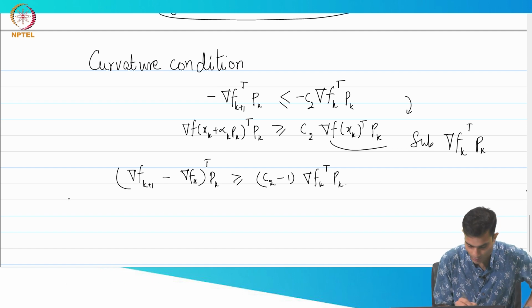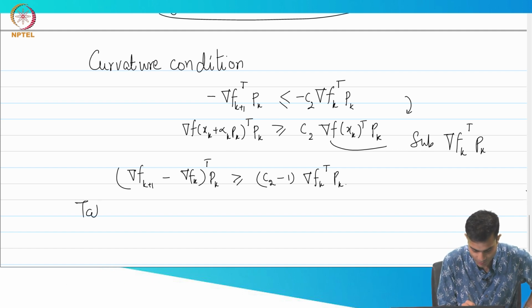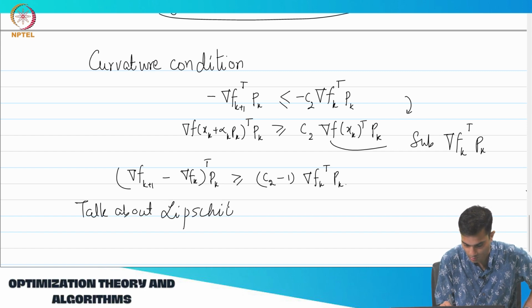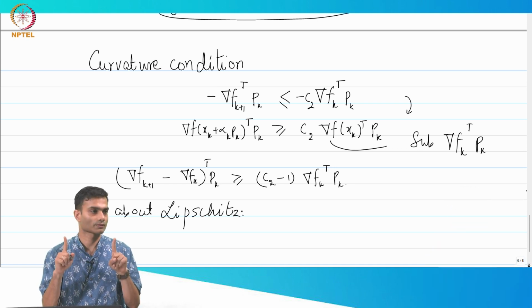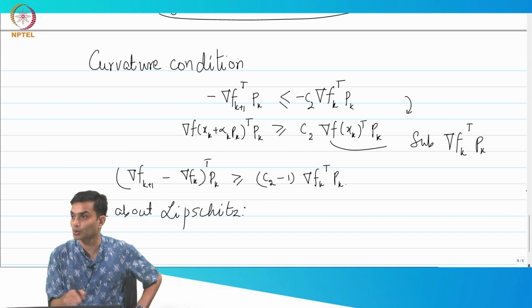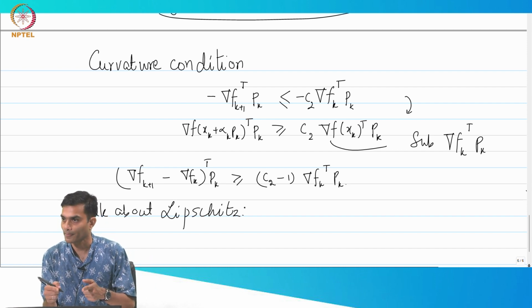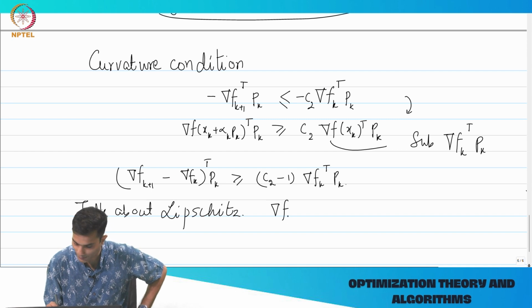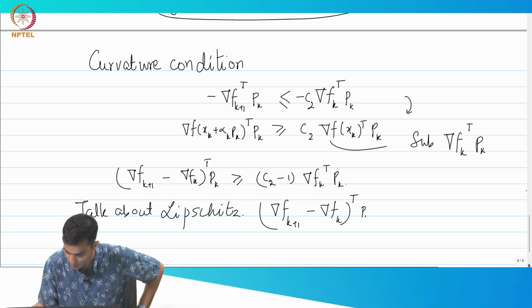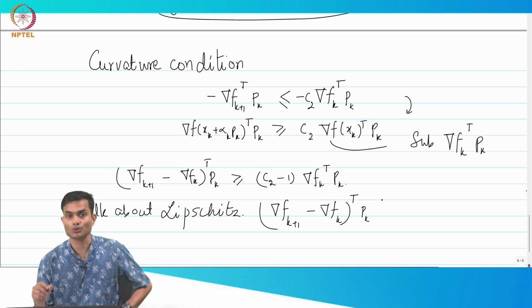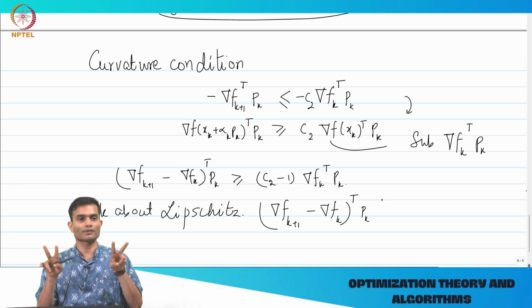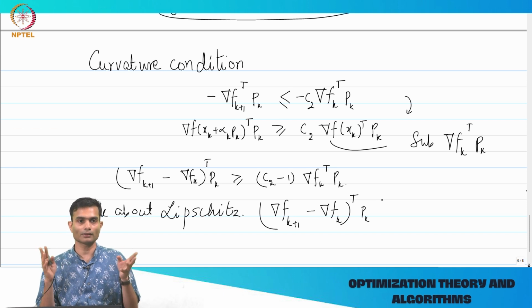Now let's talk about Lipschitz over here. To talk about Lipschitz, I have to talk about the difference of two gradients. I see there are two gradient expressions being subtracted over here, so let's write those down. I have grad of f k plus 1 minus grad of f k, transpose with p k. Can I relate this to the norms of both of these vectors, an inequality?